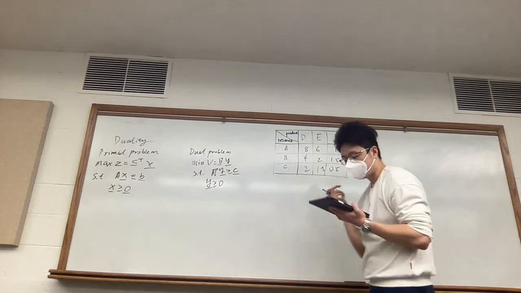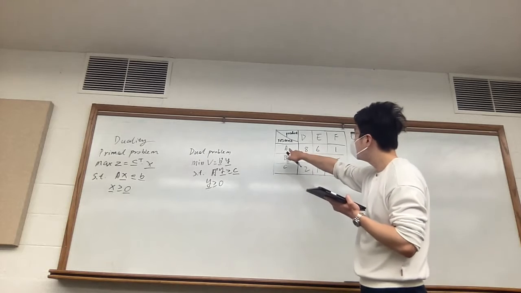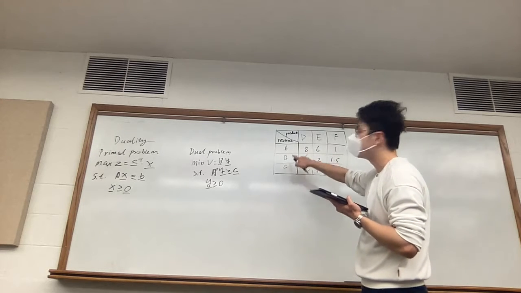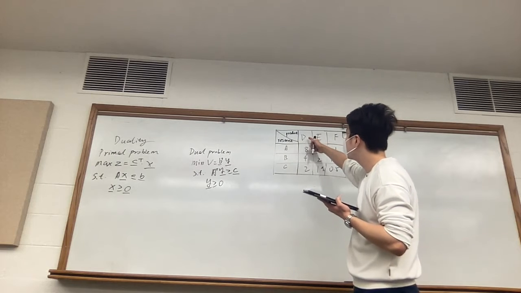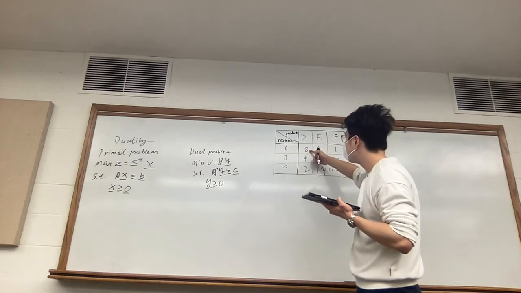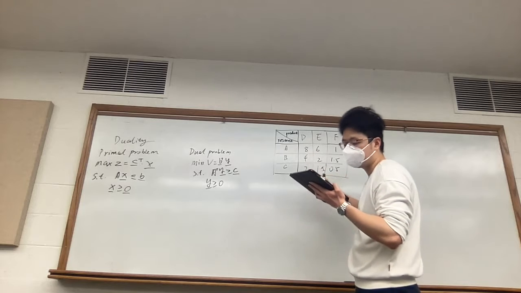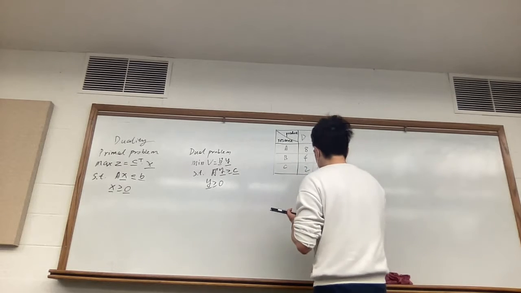Each number in this table means how many units of A, B, C it needs to produce 1 unit of product. Say to produce 1 unit of product D, you need 8 units of A, 4 units of B, and 2 units of C. Just in this manner.